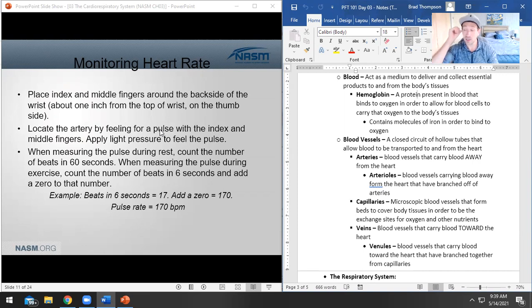Just like if I knew that you could lift 100 pounds, let's say that's your 1 rep max, and I wanted you to be guaranteed to complete 12 reps of that, then I know that you should be lifting around 70% of that 1 rep max number. So if that number is 100, I'm going to give you 70 pounds on the bar. And that way, you should be able to do around 12 reps.